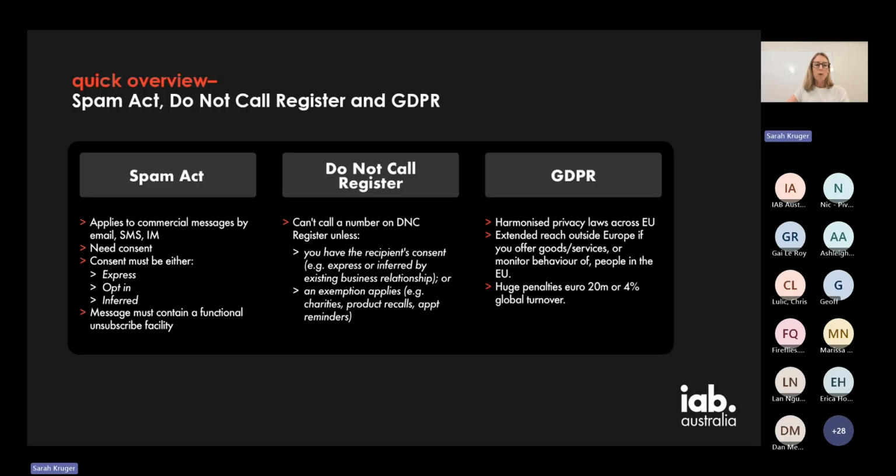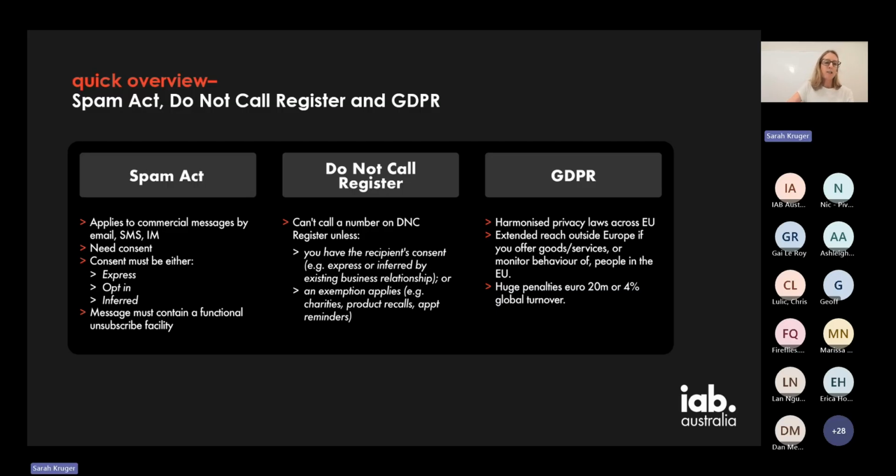Quick overview. I'm not going to dwell on this, but just so you are aware, there are a couple of other pieces of legislation in Australia, the Spam Act and the Do Not Call Register. The Spam Act applies to emails, SMS and instant messaging.